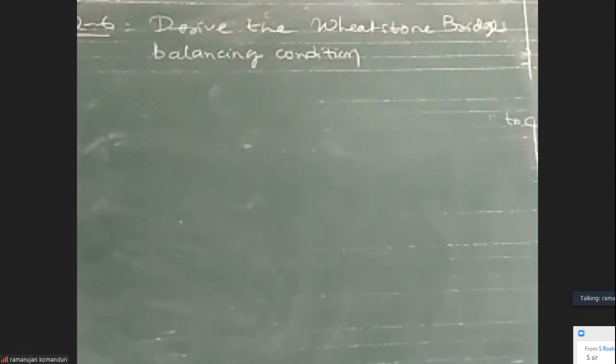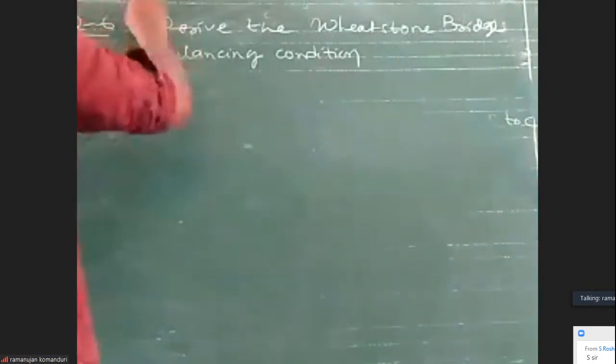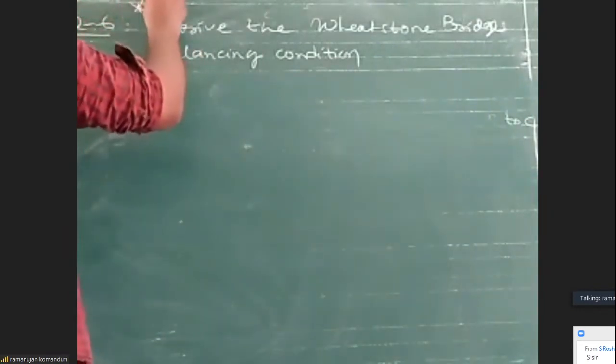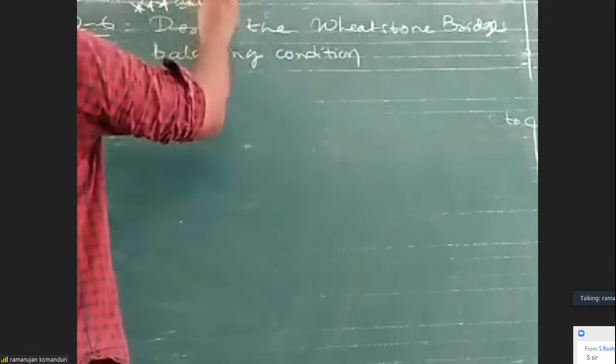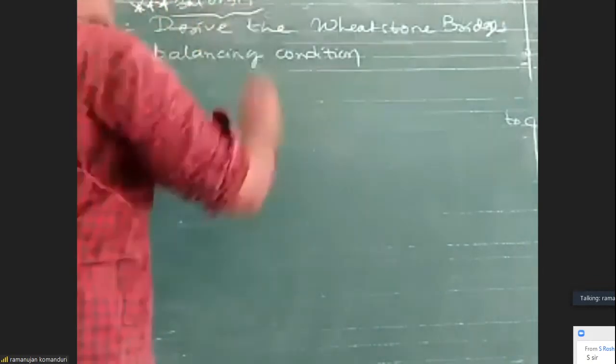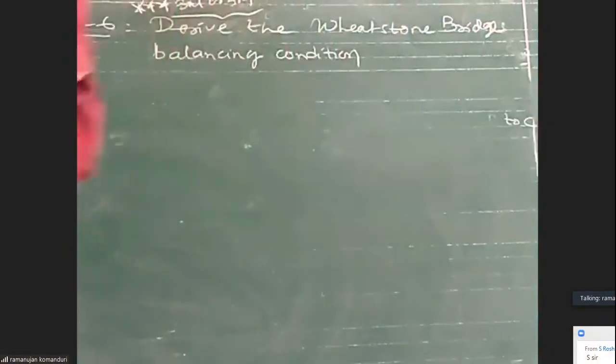We pronounce that as Wheaton Bridge. This is a very important question for either 3 marks or 5 marks. If a problem is attached to this one, it becomes a 5 marks question. If there is no problem attached, it becomes a 3 marks question.